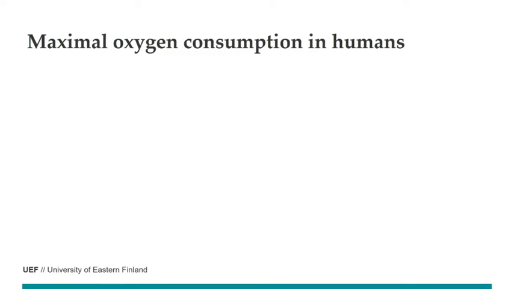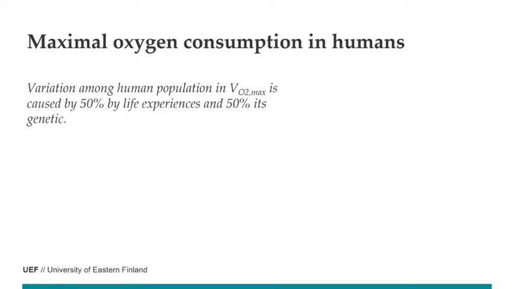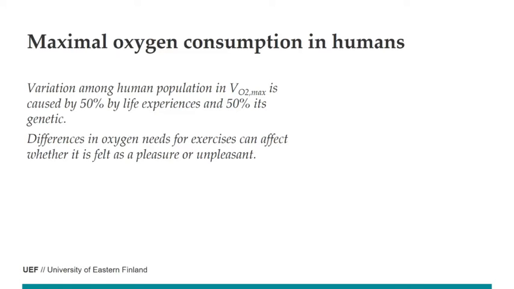But it also affects humans. We humans have a variation in this maximum rate of oxygen consumption, and it's caused 50% by life experiences, meaning training, and 50% by genetics. And it affects quite drastically whether we like some sport or not.